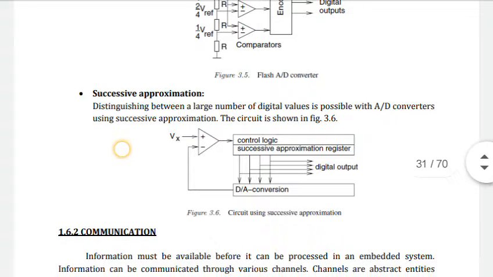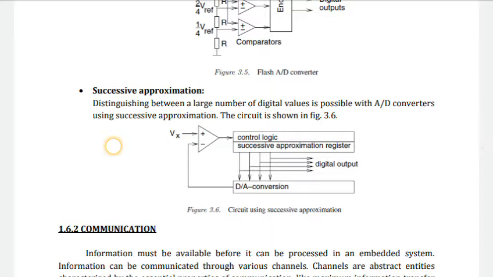The key idea of this circuit is to use binary search. Initially, the most significant output bit of the successive approximation register is set to 1, and all other bits are set to 0. This digital value is then converted to the analog value.